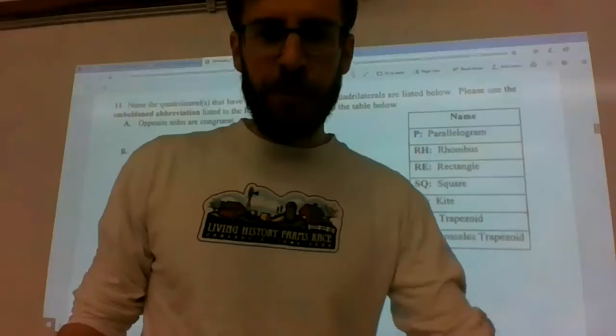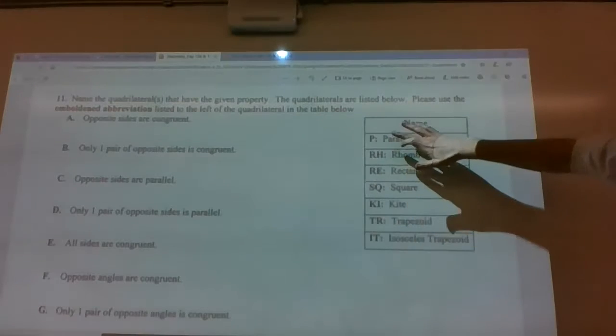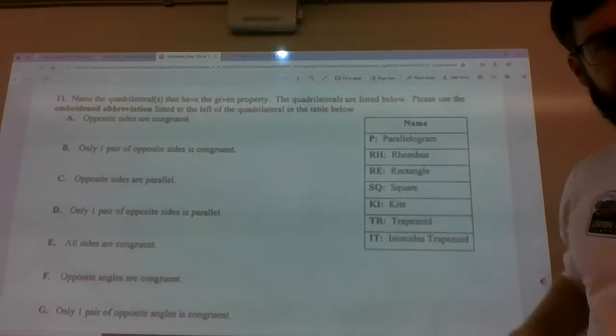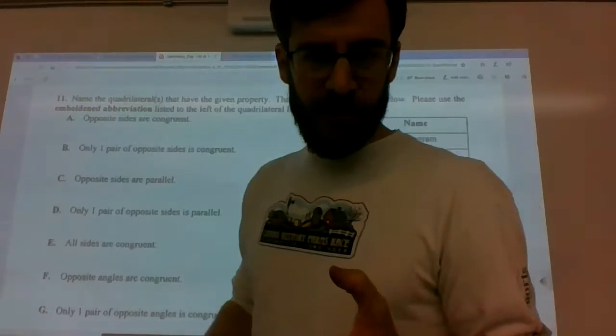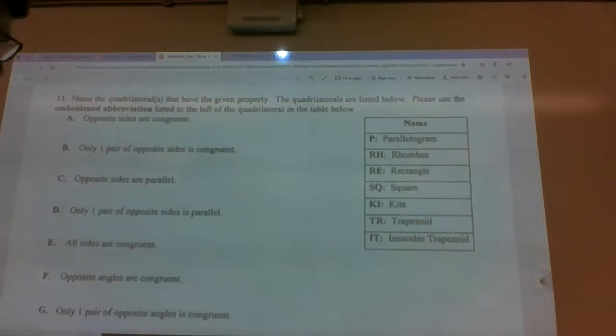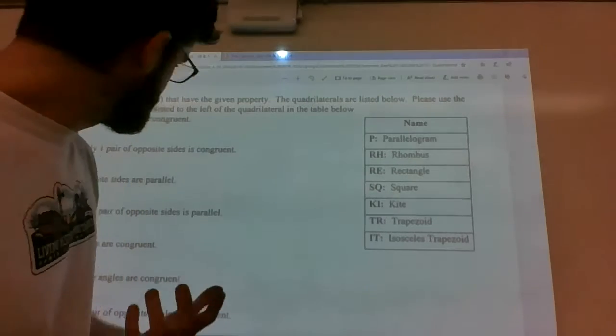All right, so this last part is just all about saying which of these 7 quadrilaterals fit the description that's given to you. Okay? So, I'm going to try to roll through this relatively quick.